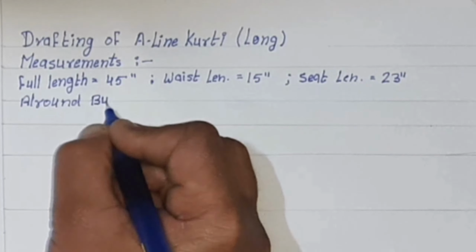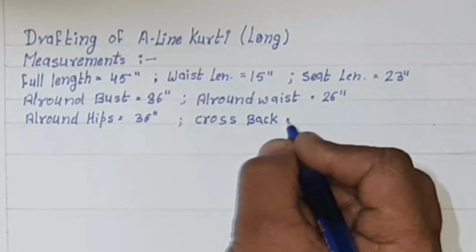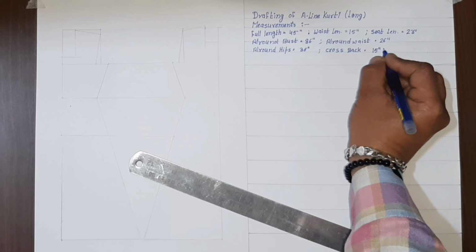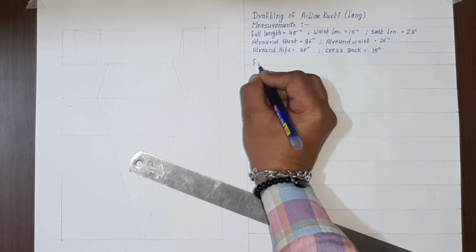All round waist is 26 inches. All round hips is 36 inches and cross back is 15 inches. These are the measurements that we are going to use. You can put your own measurements to get the desired results, and you can put that in the formula.